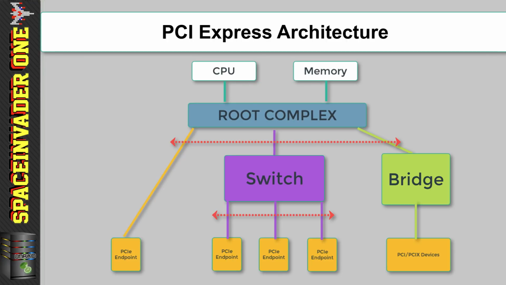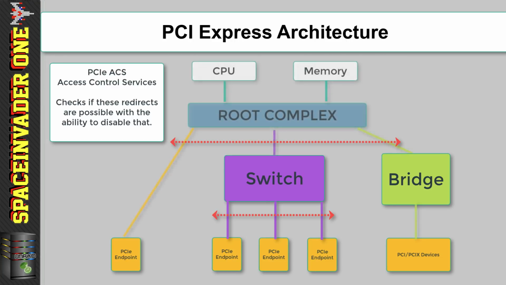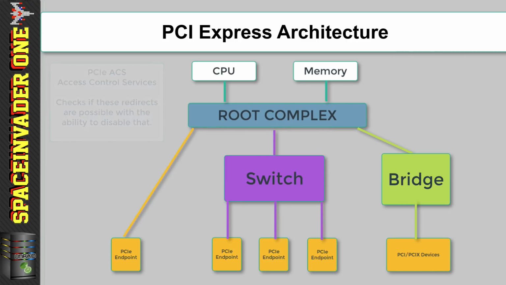But to combat this, we have something called PCIe ACS, and ACS stands for Access Control Services. And what ACS does is to check if these redirects are possible, and then giving us the ability to disable them. So, as you can see, ACS is very important for us to have fully isolated devices.